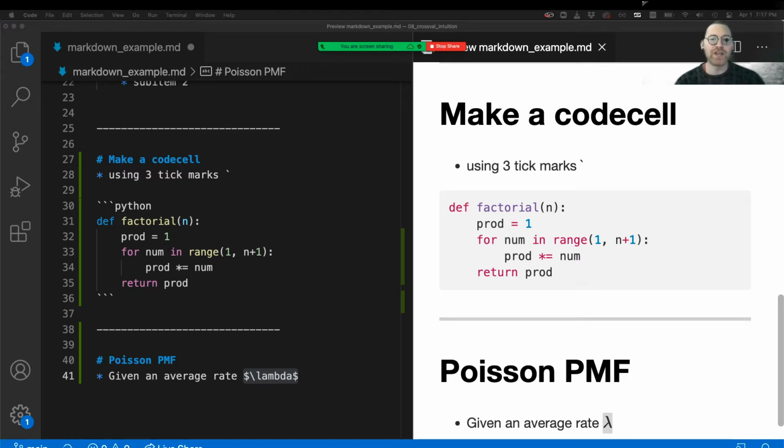You don't need the Chrome extension for it to render in VS Code. VS Code will render it by default. So that's nice, right? Sometimes it crashes and you have to restart VS Code. That's a little bit frustrating. It was very possible that this wouldn't have rendered and it just would have shown this $\lambda$. But yeah, you might need to restart VS Code, but I think it should render by default.